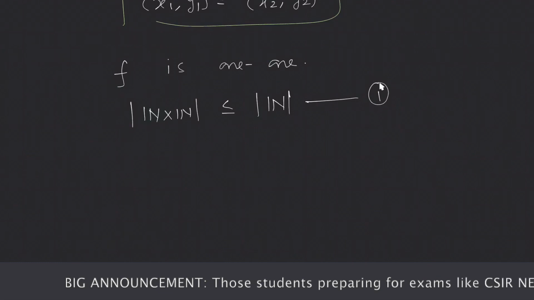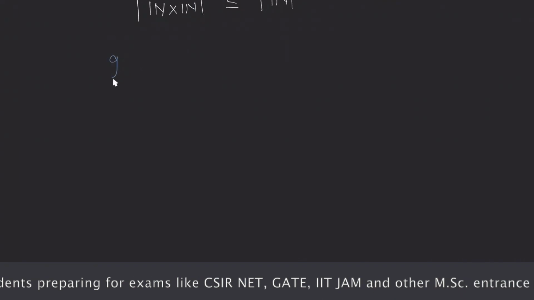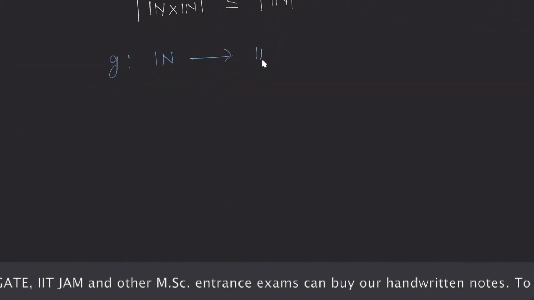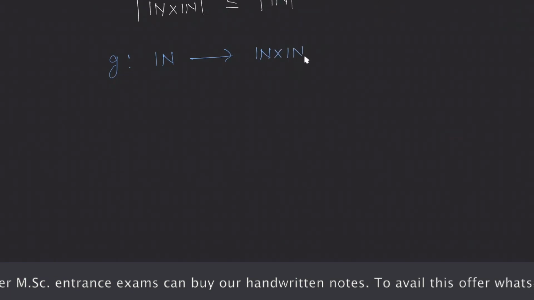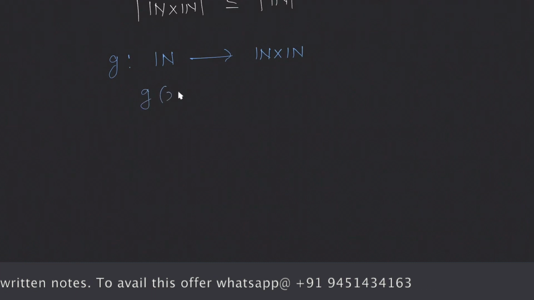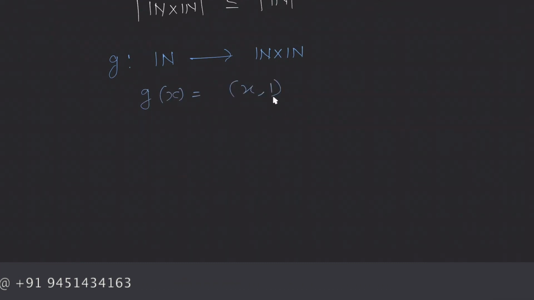Now let's define another mapping G from N to N cross N. This mapping G is defined as G of x equals (x, 1).